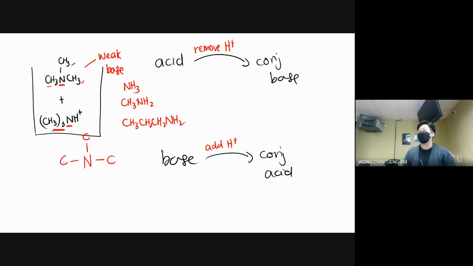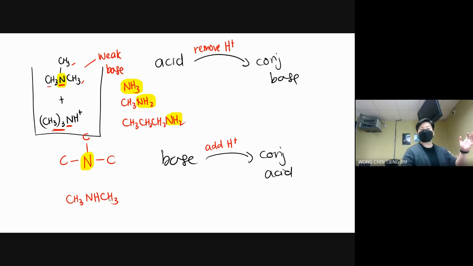Dan semua tu masih adalah weak base. Okay, so the thing that I'm trying to show you over here, your weak base, selalunya yang kamu jumpa adalah pacik ni. Dan dia tak semestinya pegang 2H dan dia tak semestinya pegang 3H. Dia boleh jadi keadaan dia tak pegang H. Ataupun dia boleh jadi keadaan di mana dia hanya pegang 1H. Nampak? Semua masih adalah weak base.